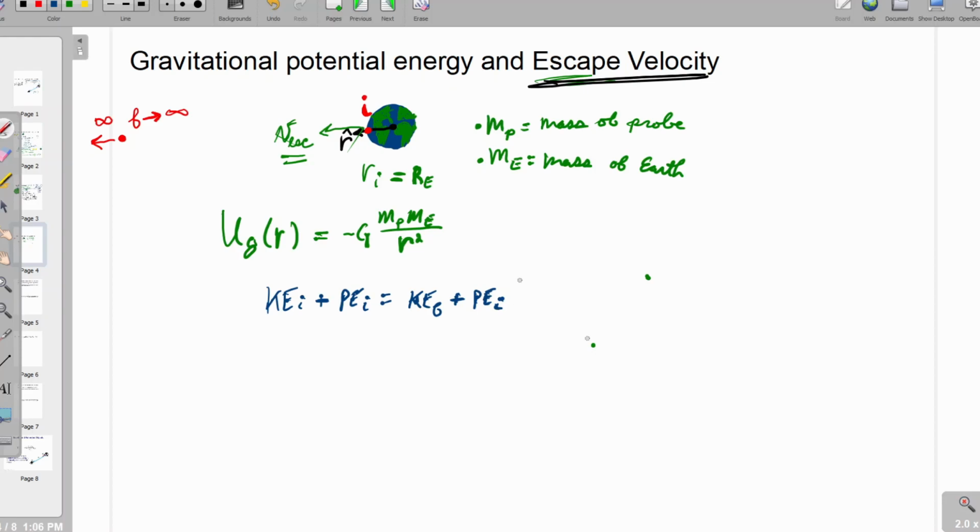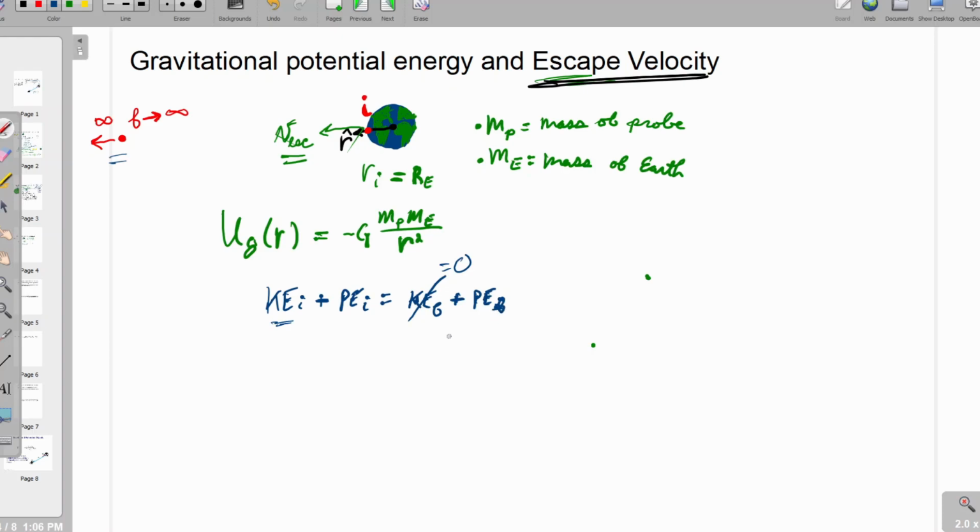Let's just think about this. The object is supposed to escape to infinity, right? But it's supposed to do so with as little speed as possible. So we want just enough energy put in initially such that it makes it to infinity, but it doesn't have any extra kinetic energy when it gets there. So that would be 0.